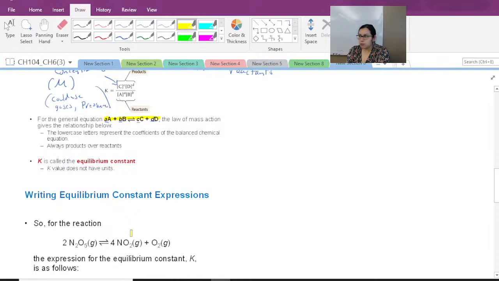So let's hear what you got. Products over reactants, so of course product side, reactant side. So then what does that look like?